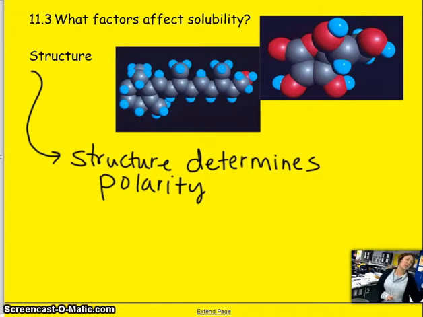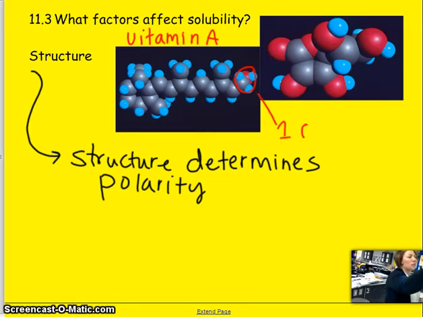To demonstrate this concept that structure determines polarity, what you have here in your notes is the same diagram as figure 11.4 in your textbook. This first vitamin here is vitamin A. The big atoms here are carbon, and the little guys are hydrogen. So this is mostly a lot of carbon and hydrogen nonpolar groups with one little oxygen bonded to the carbon.